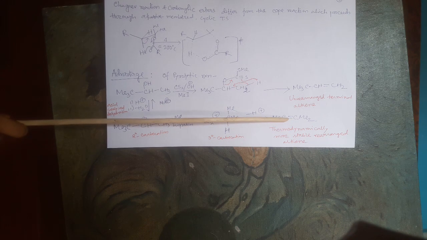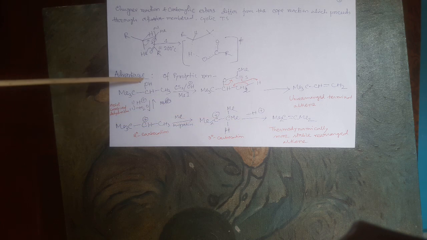Then elimination of this H2O plus, a secondary carbocation forms. Then a methyl group migrates from this adjacent carbon atom. Why? Because after migration of this methyl group, a 3-degree carbocation is formed here. So this is more stable than 2-degree carbocation. After H plus elimination, here a thermodynamically more stable rearranged alkene is formed.